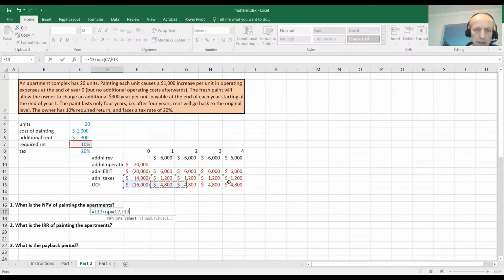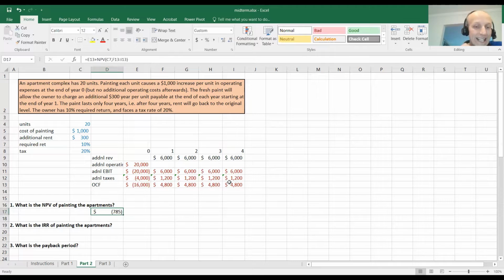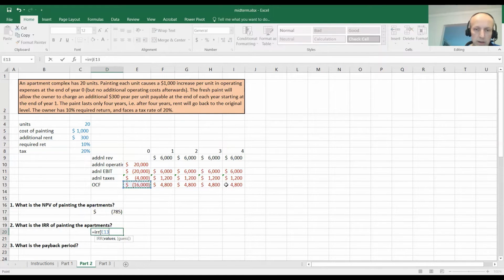Taking these values gives me an NPV of negative $785. What is the IRR? IRR is basically the IRR of this stream of cash flows, 8%. Makes sense that it's less than 10% because at 10%, the NPV is negative.